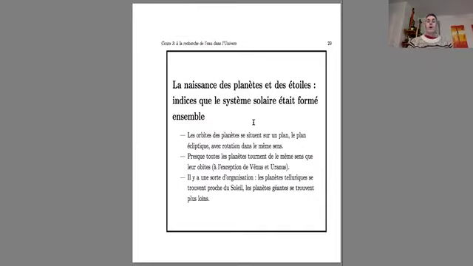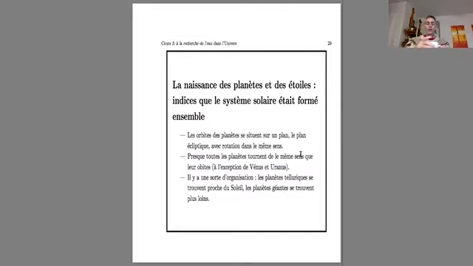Furthermore, almost all of the 8 planets have their rotation in the same sense.